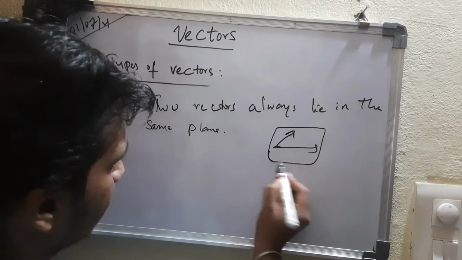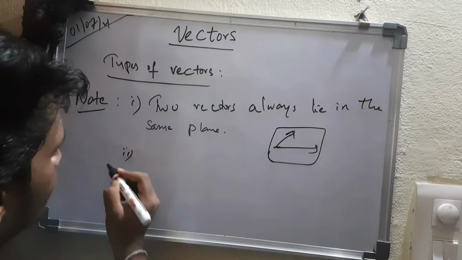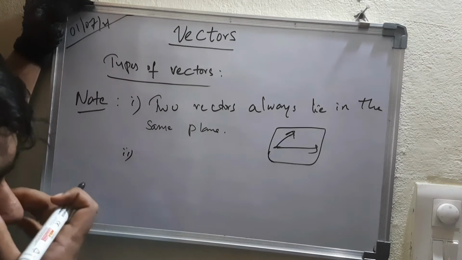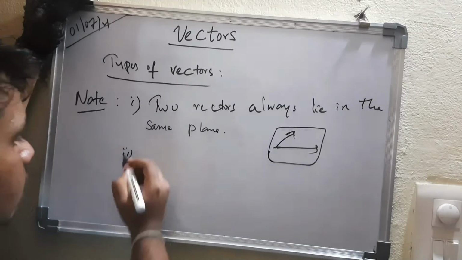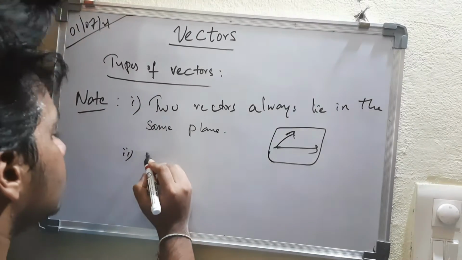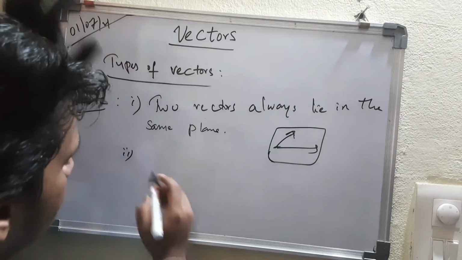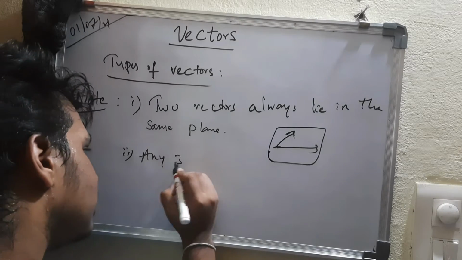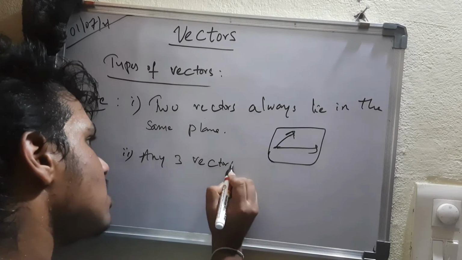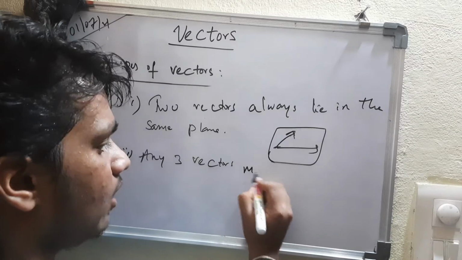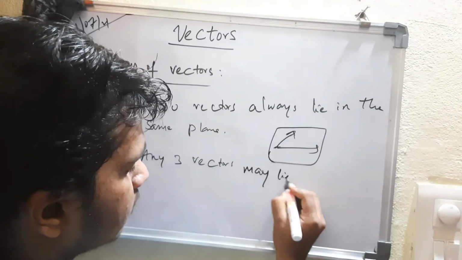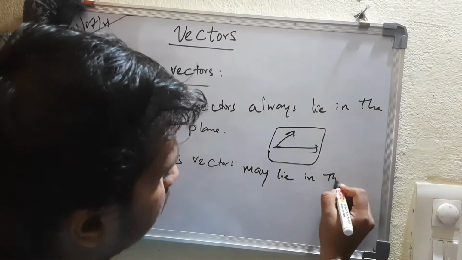But now you may get a doubt that three vectors may lie in the same plane or not. For this, any three vectors may lie in the same plane.